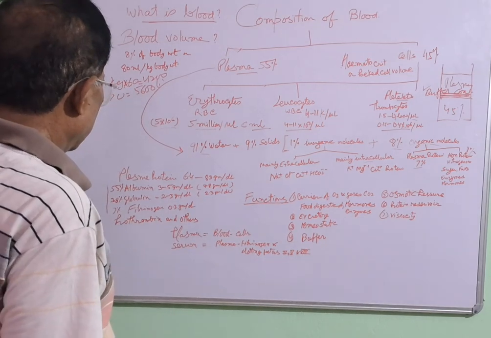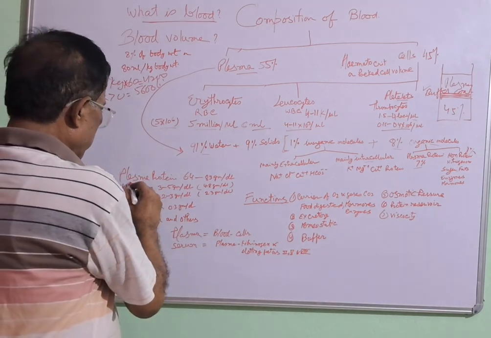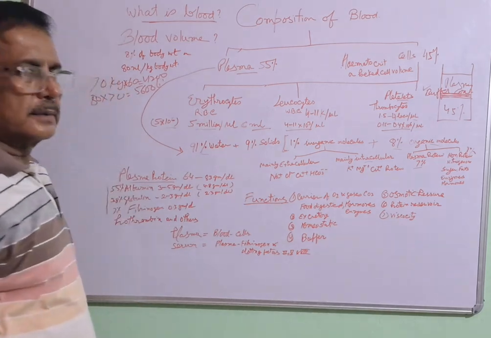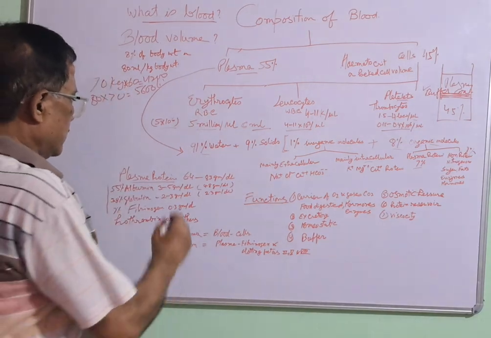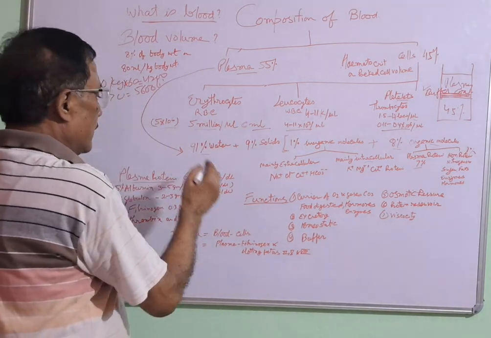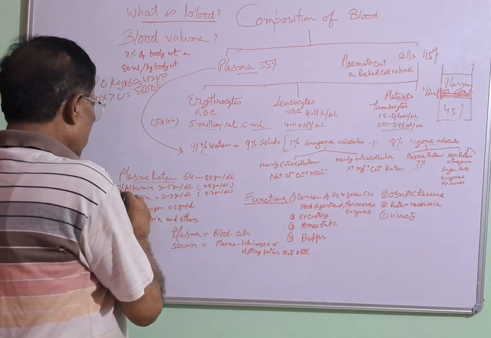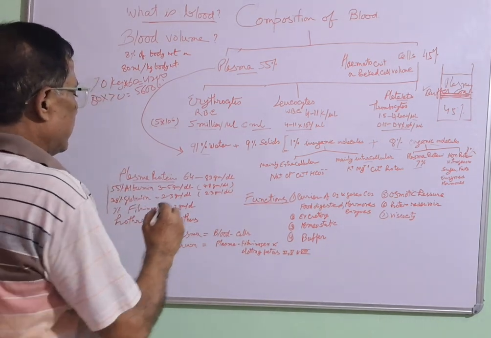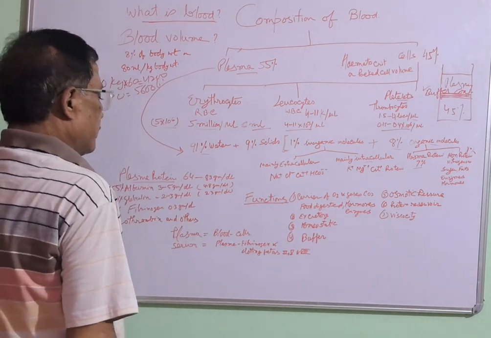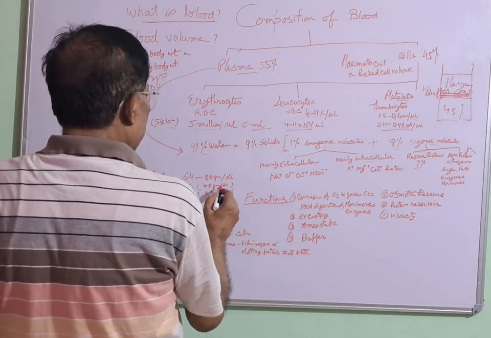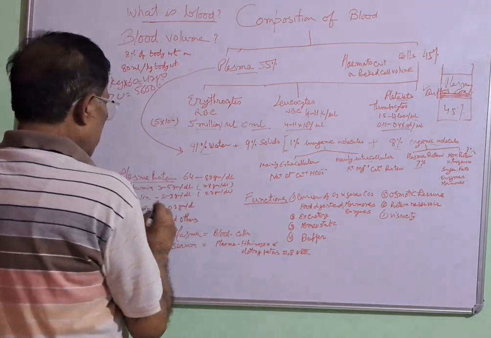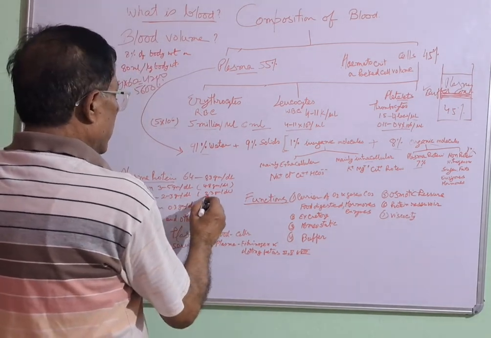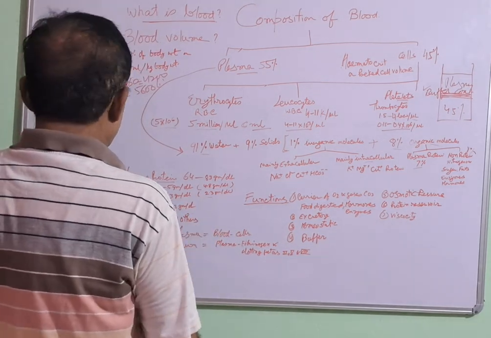Now plasma protein is of different types. Plasma protein concentration is 6.4 to 8.3 gram per deciliter. Albumin is 3 to 5 gram per deciliter, average 4.8 gram per deciliter. Globulin is average 2.3 gram per deciliter.